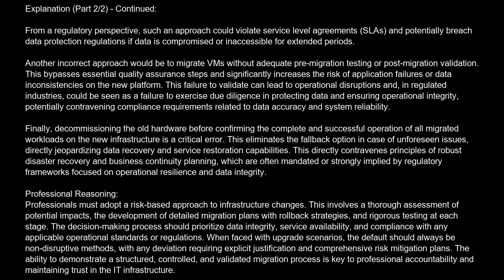When faced with upgrade scenarios, the default should always be non-disruptive methods, with any deviation requiring explicit justification and comprehensive risk mitigation plans. The ability to demonstrate a structured, controlled, and validated migration process is key to professional accountability and maintaining trust in the IT infrastructure.